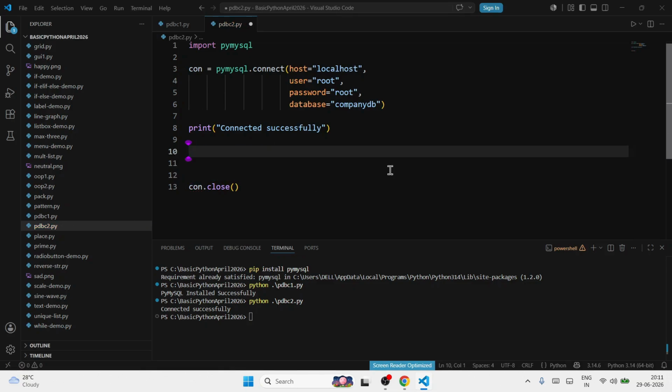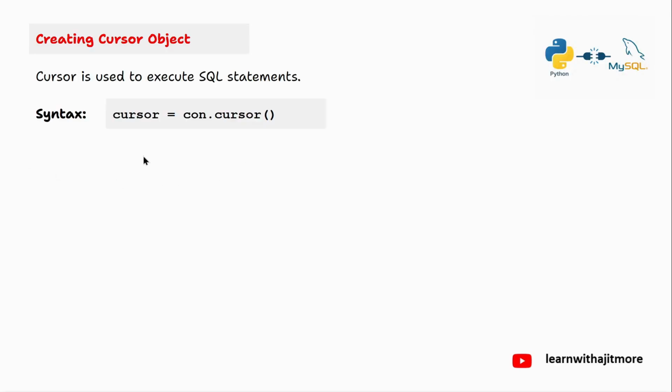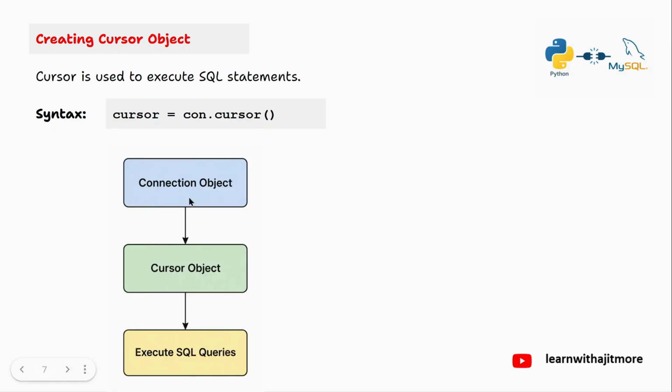See, the syntax is like this. Cursor object is equal to con dot cursor. This cursor method is a method of the connection object, and it will give you a cursor object. First you need to get the connection object, which we did in the previous slide.